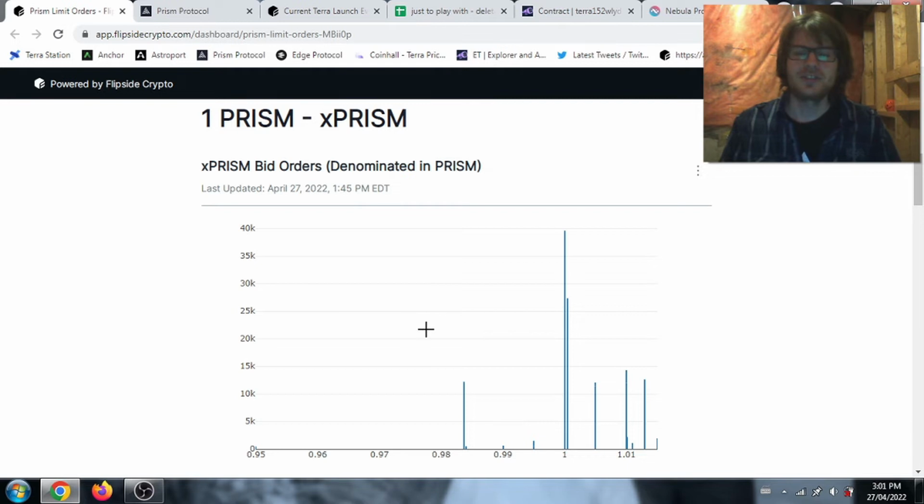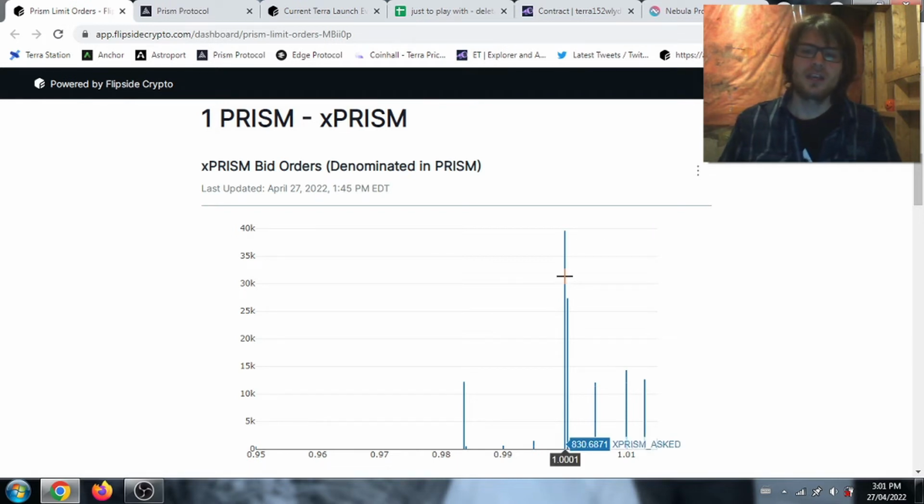So the way it works is X Prism is intrinsically worth 1.05 Prism, right? That's what X Prism is worth. If you unstake X Prism, you're going to get 1.05 Prism in return. But it fluctuates on the market. So what people are doing here, let's take a look at this one, this really tall one right here.